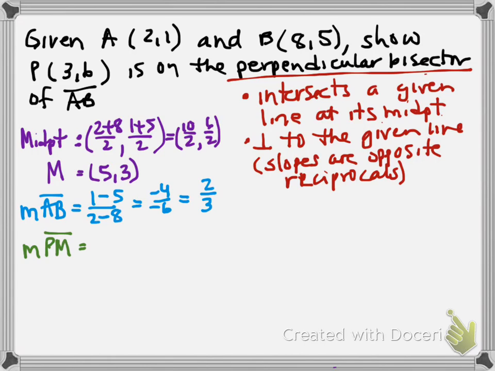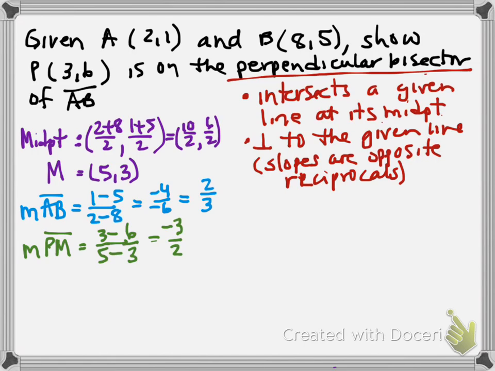So P is at 3, 6, M is at 5, 3. So the difference, let's see, we've got y over x, 6 minus 3 over 3 minus 5, and let's see, I get negative 3 over 2.